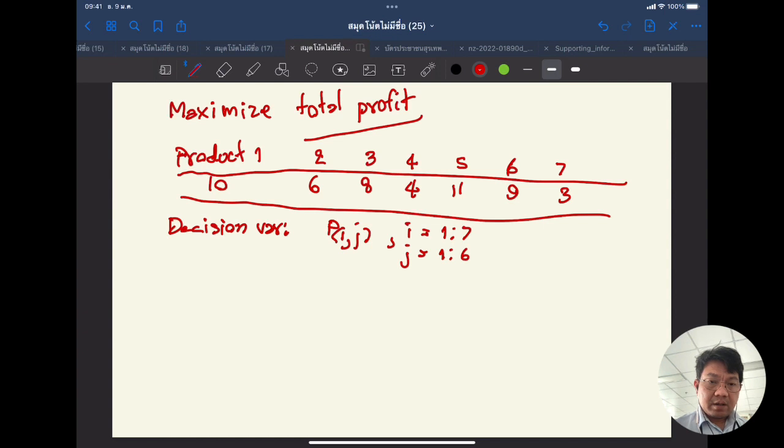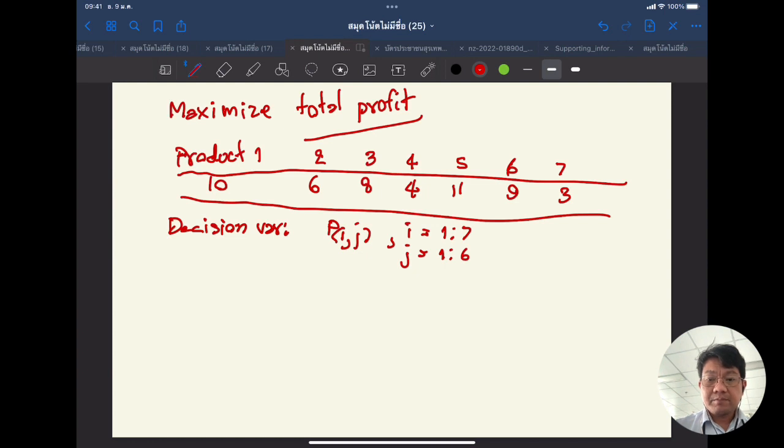But remember that we have two different variables. The first variable P is the product we manufacture, but we don't have to sell it in the same month. If we produce the product in January, we don't have to sell it in January.